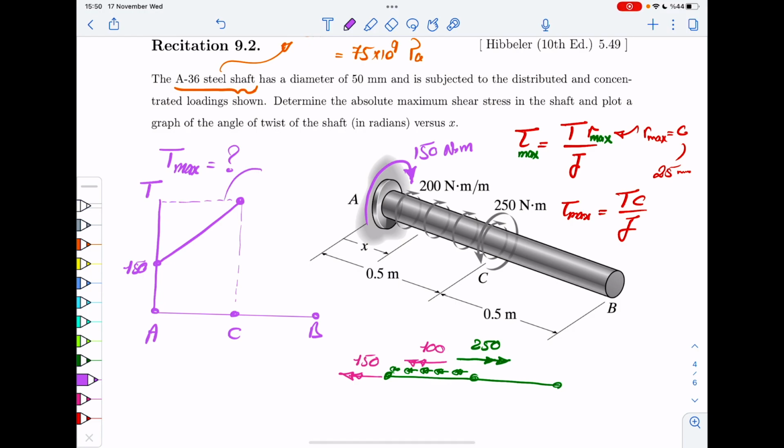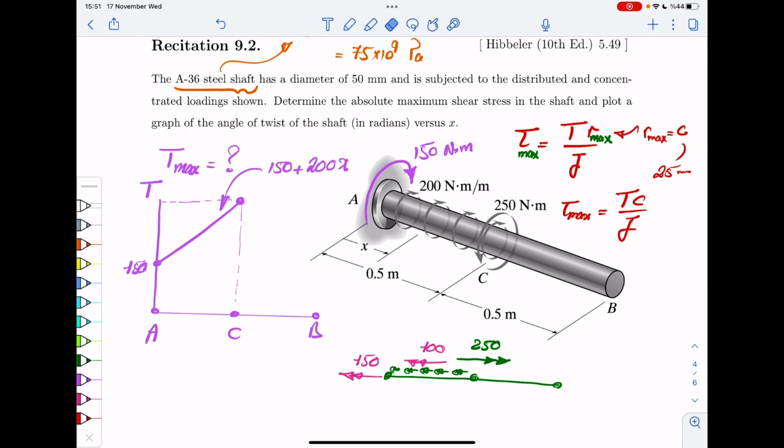So the line equation itself is 150 plus 200x. Okay, so this is T as a function of x if x is between 0 and 0.5.